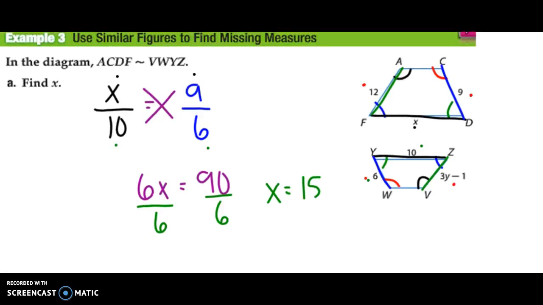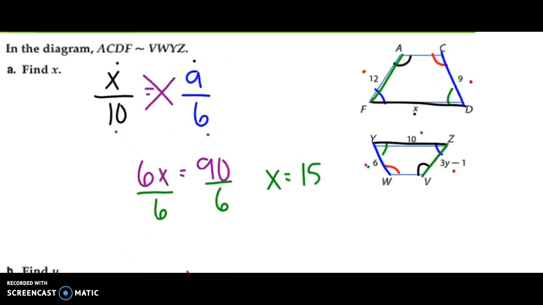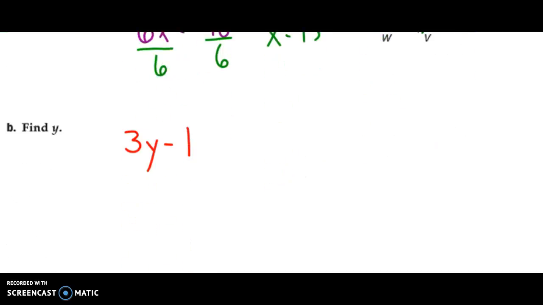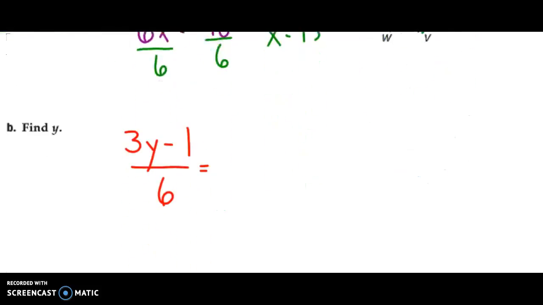So I'm going to say 3y minus 1, a small number on top, over 6 is going to be equal to 12 over 9.